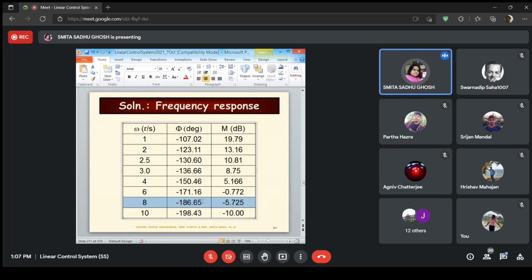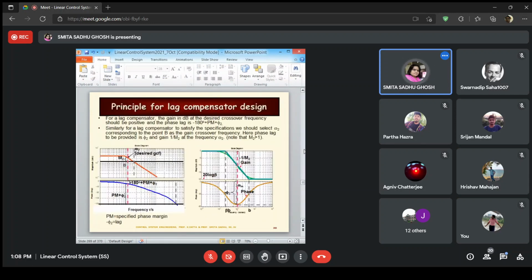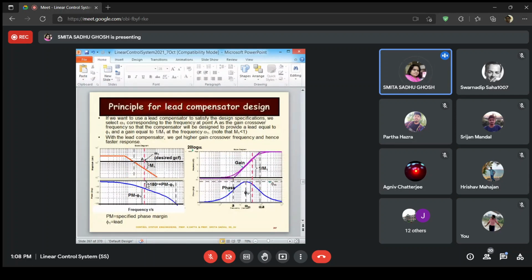So let us see what will happen if I place the lead compensator at the desired GCF, I mean, at 8 radians per second. What will be the amount of phase lead that I want from my compensator? In order to do that, I would have to recollect the lead compensator plot over here.